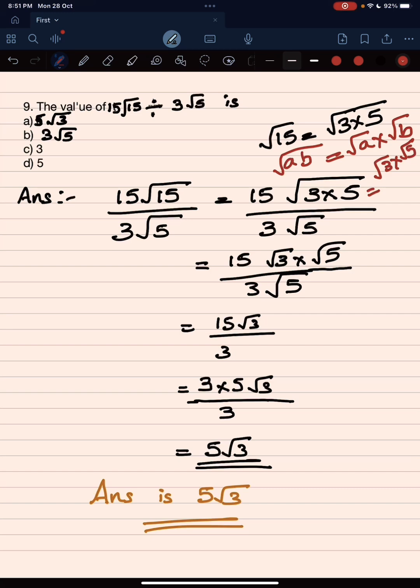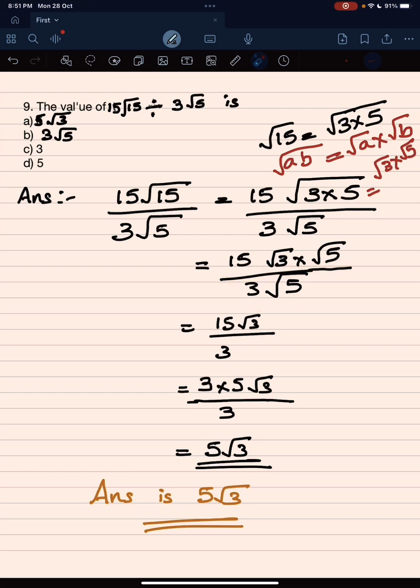So here what we got, 15 root 15 by 3 root 5 is equal to 15 into root of 3 into 5 by 3 root 5, which is equal to 15 into root 3 into root 5, right, by 3 root 5.